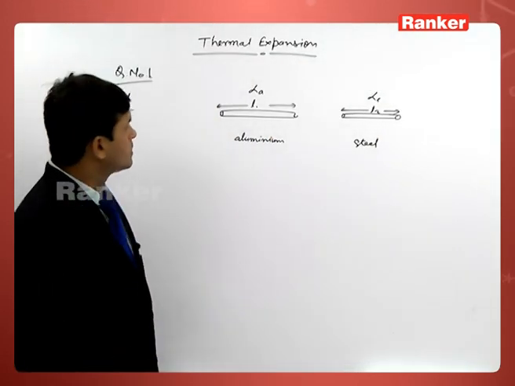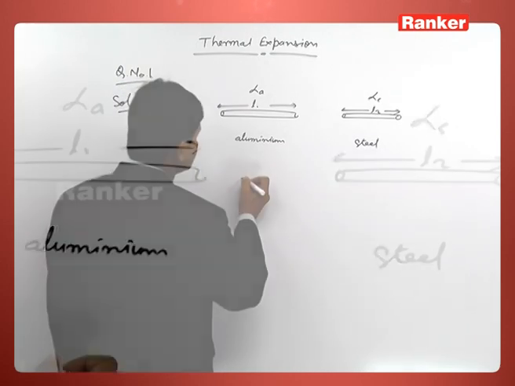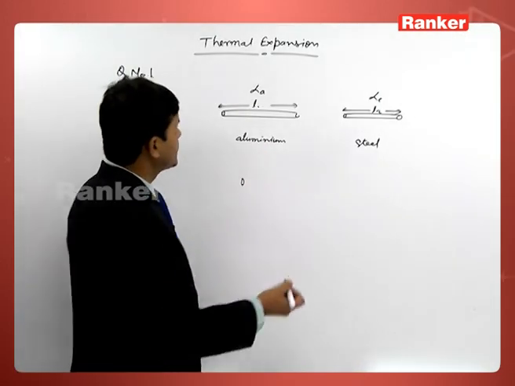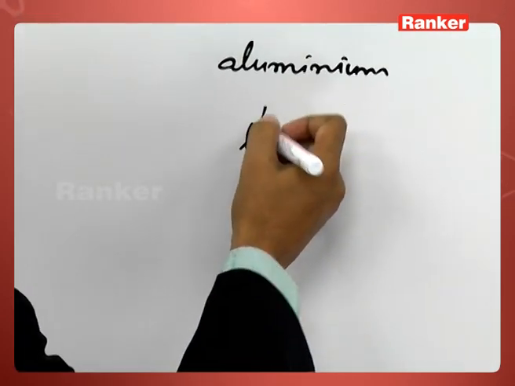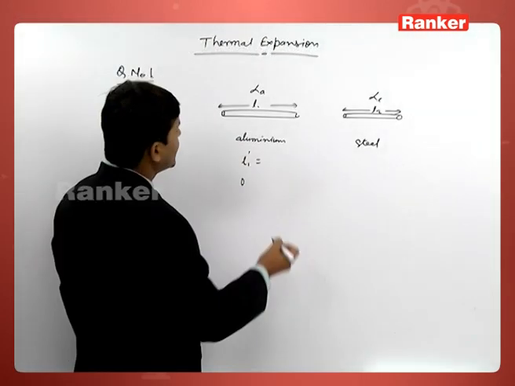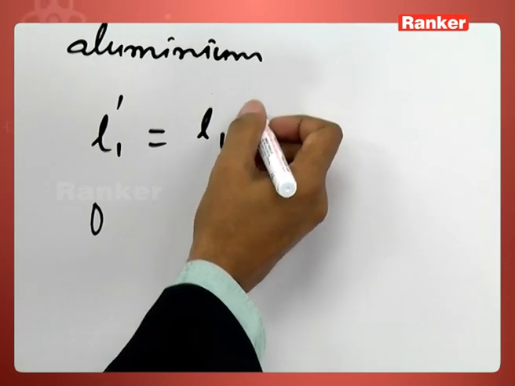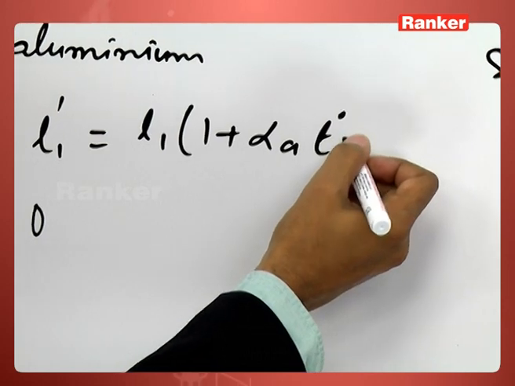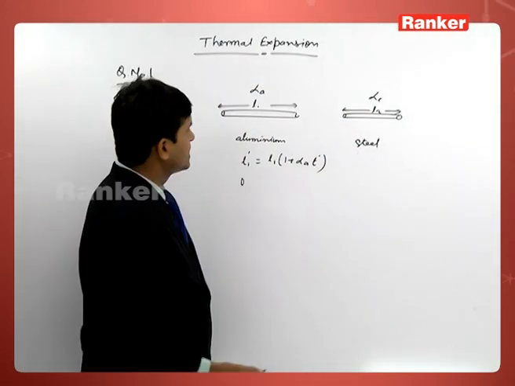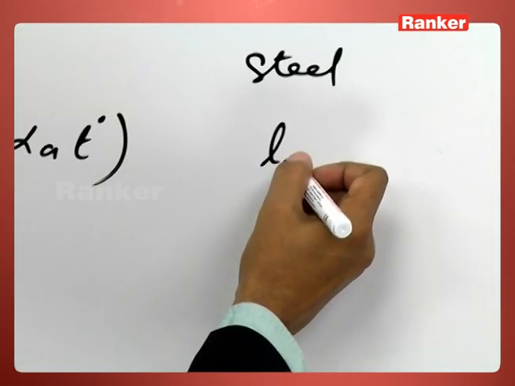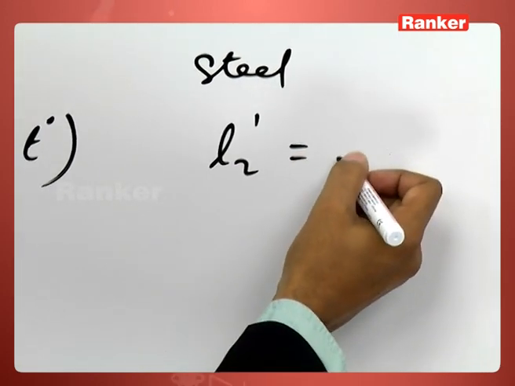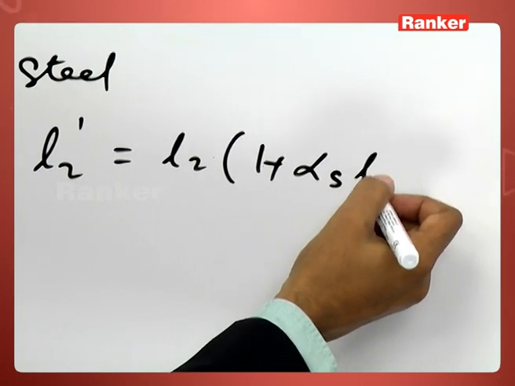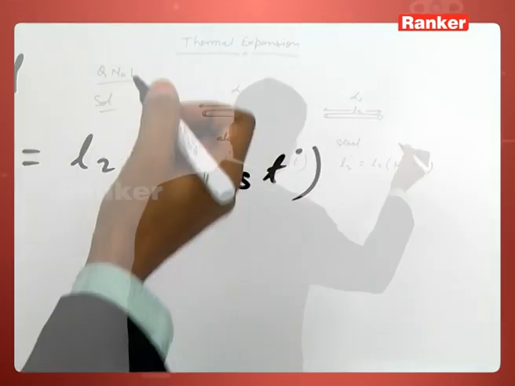Now the combined length is L1 plus L2. Now when it is heated, L1 dash will be L1 times 1 plus alpha A into T degrees Celsius, as is given. Similarly, L2 dash is equal to L2 times 1 plus alpha S T degrees Celsius.